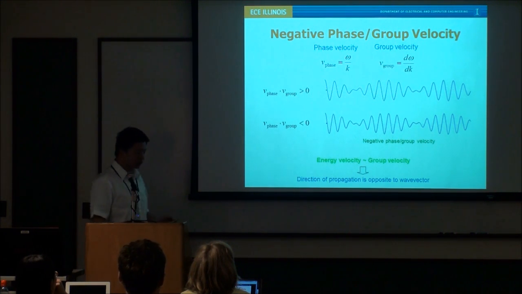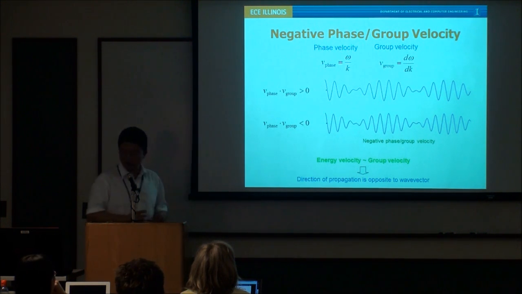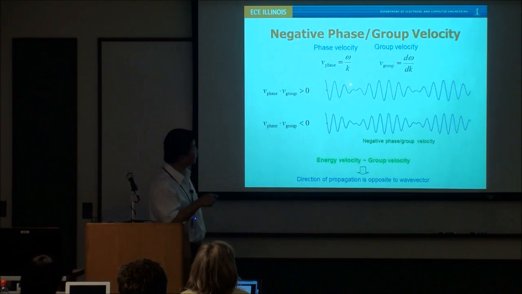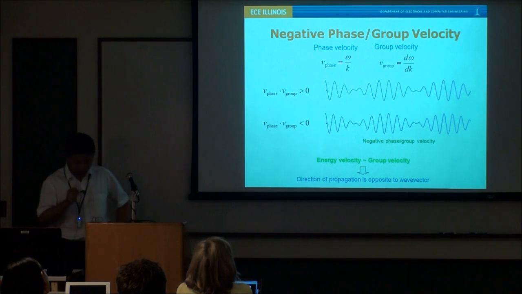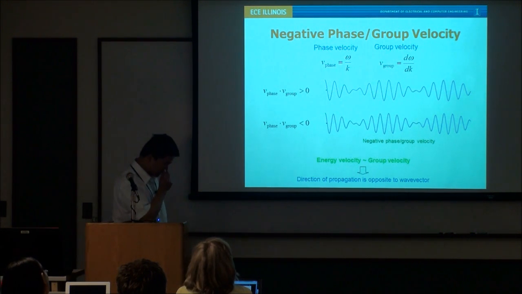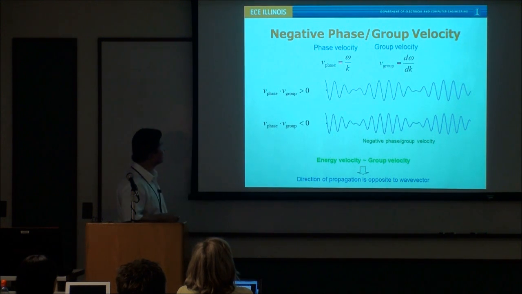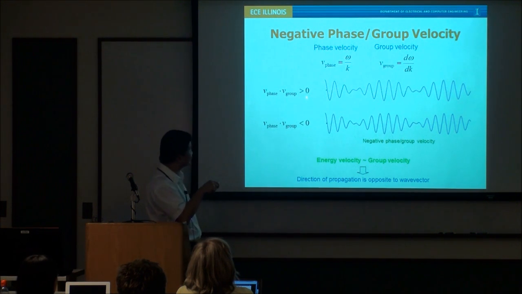For a normal electromagnetic wave propagating, for example, in a dielectric material, you would expect the phase velocity and the group velocity to have the same sign, which means if you multiply the phase velocity with the group velocity, you get a value which is larger than 0.